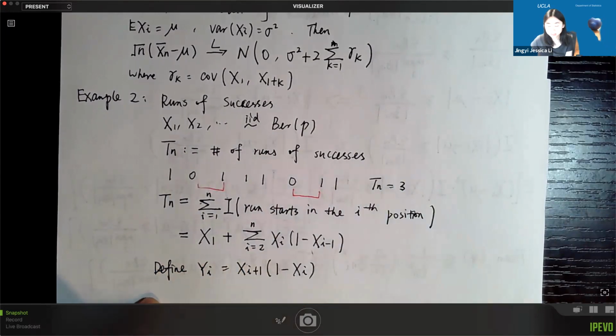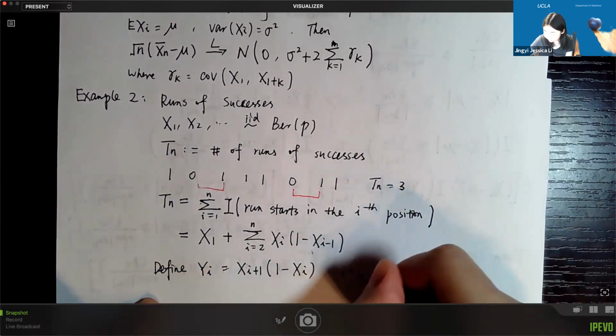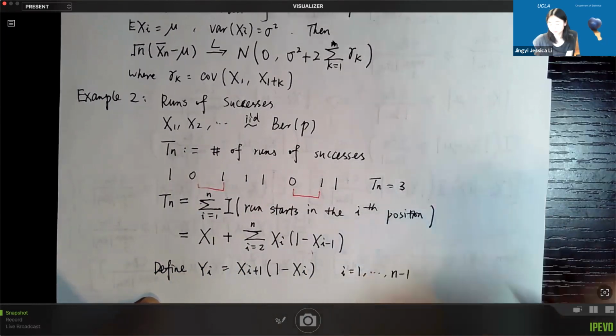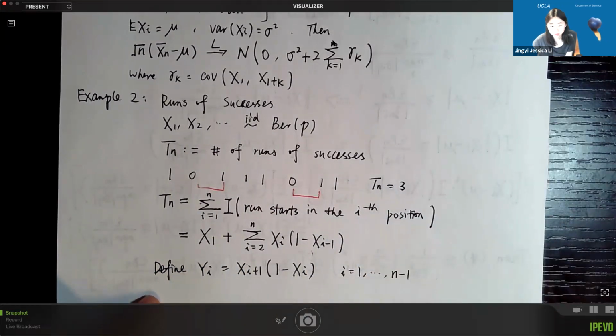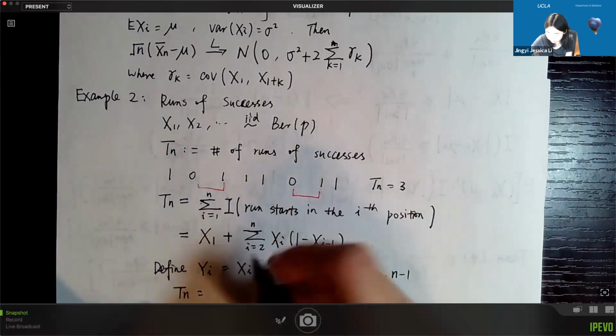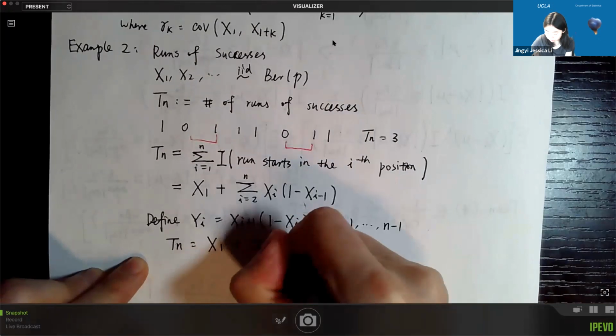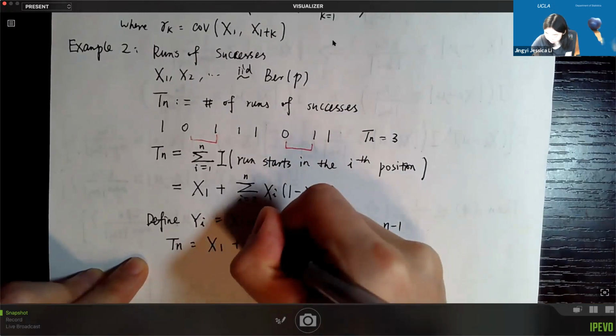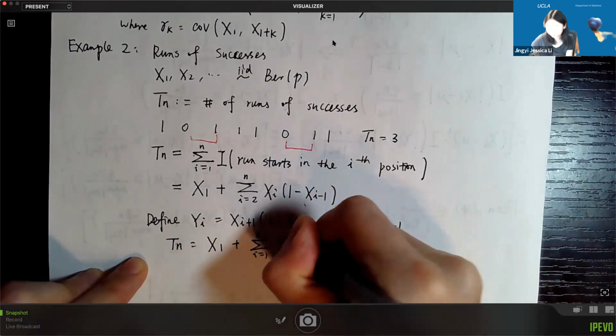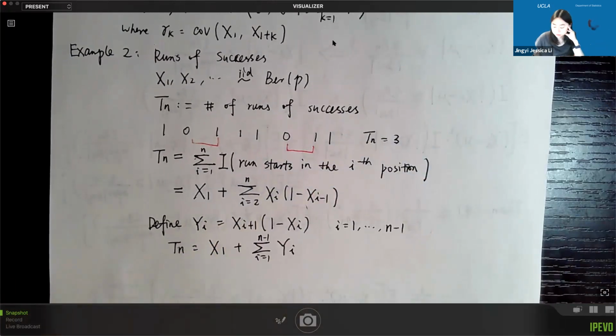You see, by defining it this way, because here this term goes from 2 to n, here i goes from 1 to n minus 1, right? I have those n minus 1 yi. So Tn can just be written as x1 plus the summation over i from 1 to n minus 1 of yi. And then I'm going to apply the theorem to the summation of yi.